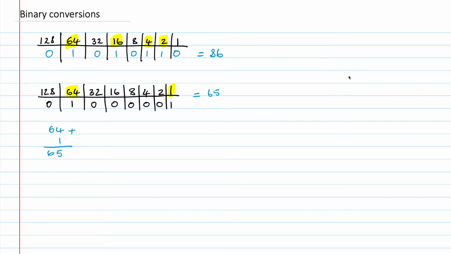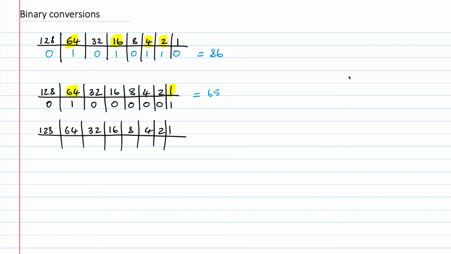Now, again, you're going to get used to drawing these tables. 128, 64, 32, 16, 8, 4, 2, 1. Okay, let's start off then with a bigger number. So we've got 1, 1, 1, 0, 1, 0, 0, 1.